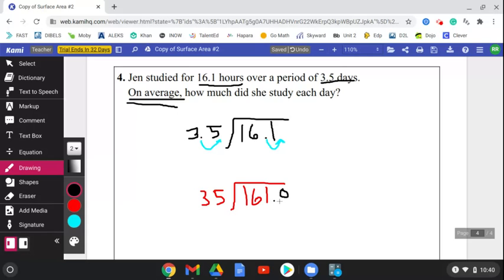So go ahead and add one placeholder 0 for now. Now, in your answer, the decimal will come straight up. So the decimal will be right there in your answer. Okay, so you finish working this out and be sure to label how much she studied each day. It's going to be some number of hours. Once you finish showing all of your work, go ahead and turn it in.